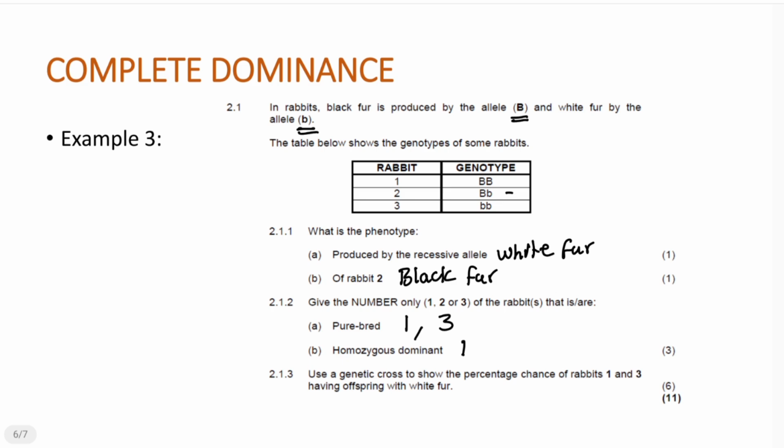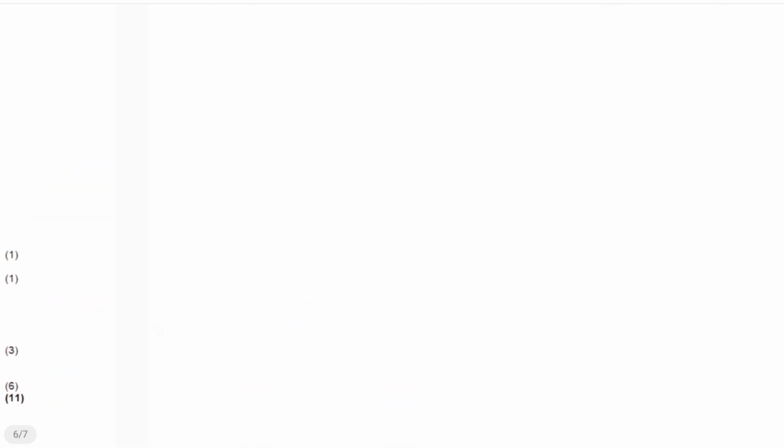Use a genetic cross to show the percentage chance of rabbits 1 and 3 having an offspring with white fur. So let's look at rabbit number 1. Rabbit number 1 is homozygous dominant. Rabbit number 3 is homozygous recessive. So let's produce a genetic cross for that. Again, our structure: P1, and in front of P1, we write phenotype.